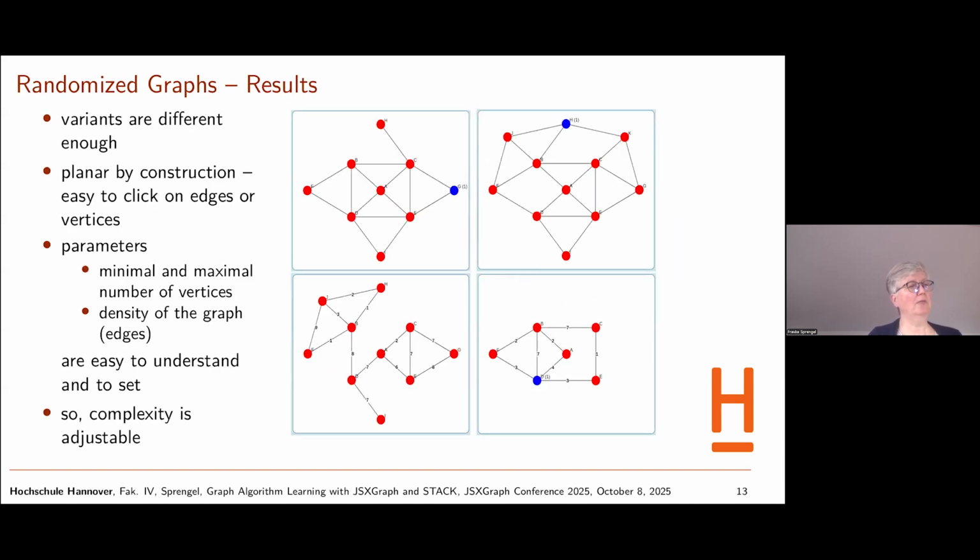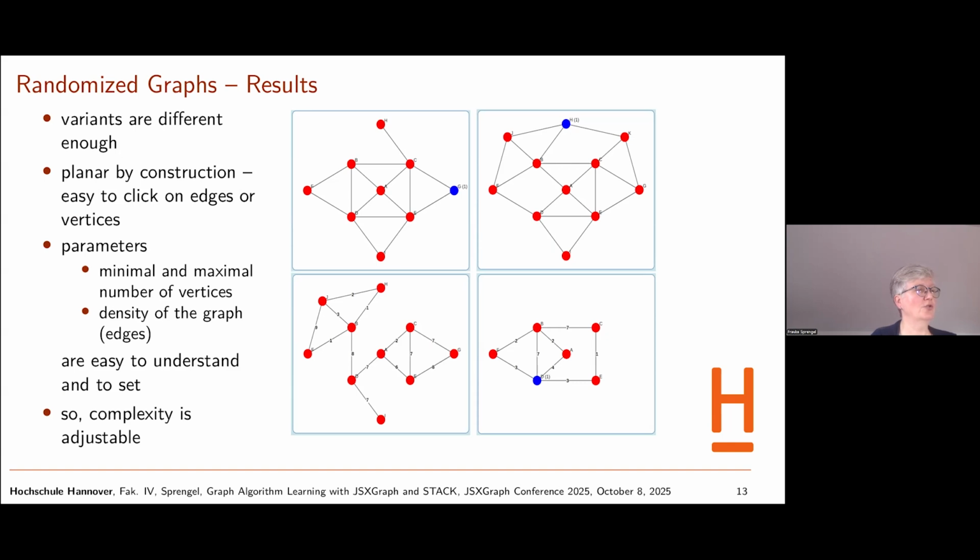When we do so, we get some variants, and you see the variants are different enough. They are planar by construction, so we have no crossing. If you want to click on something, it's easy to find the right edge, and the teacher can adjust the complexity of the exercise.